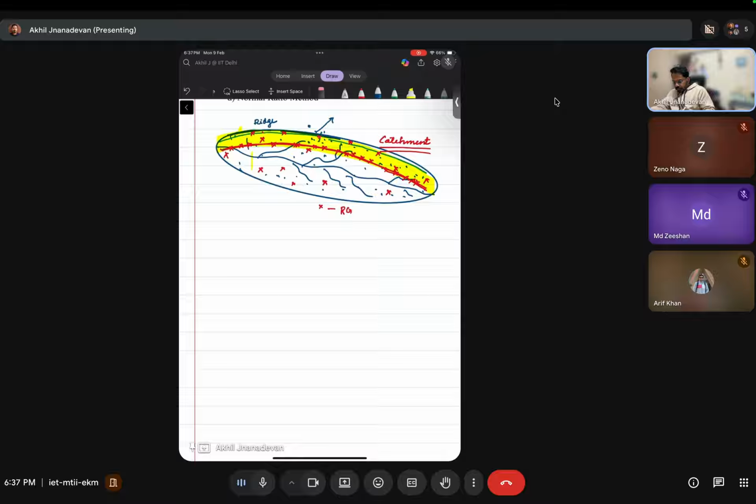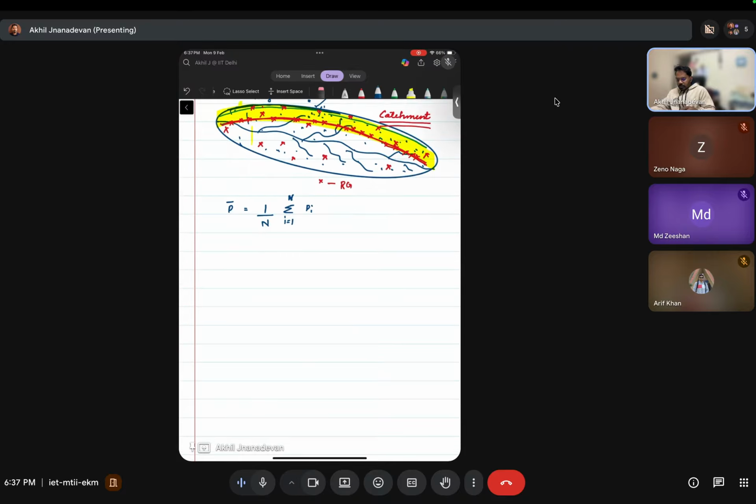So the arithmetic average method is nothing but P bar. We will be calculating it as a simple average, 1 by n summation of Pi, i equal to 1 to n, where capital N is the number of rain gauges.